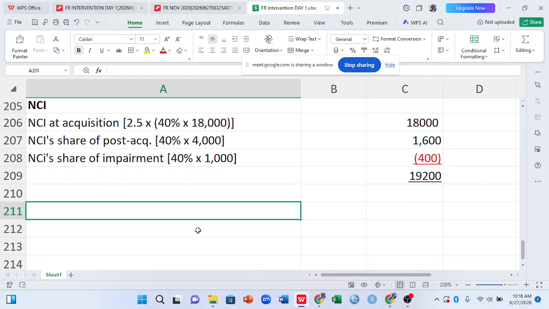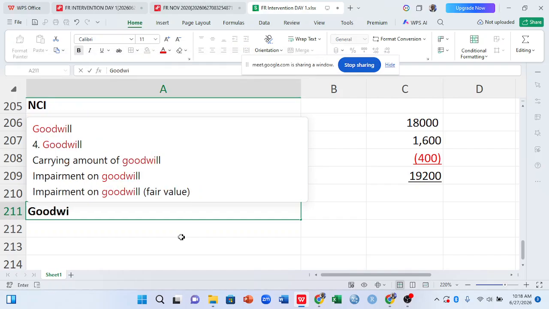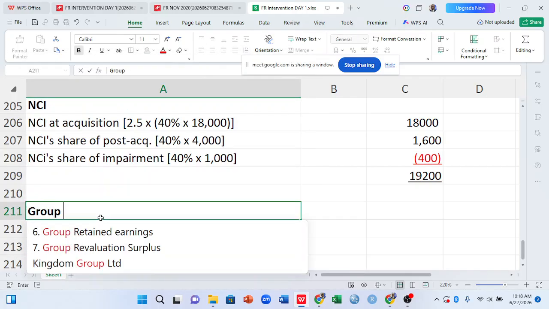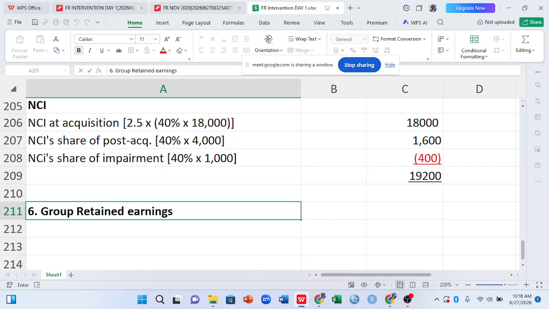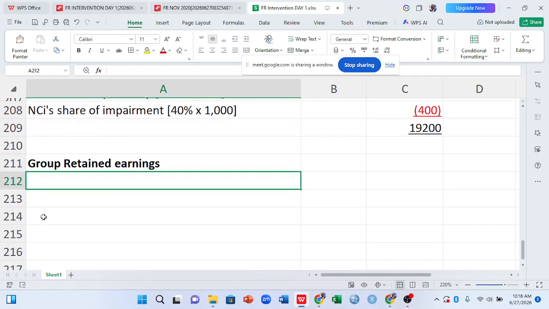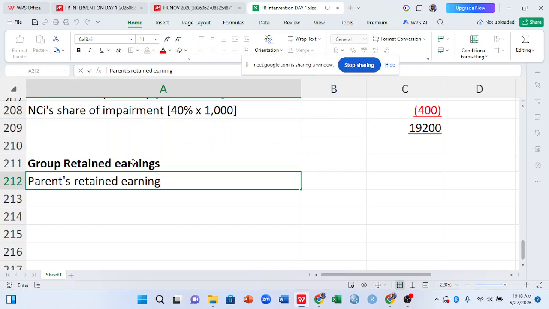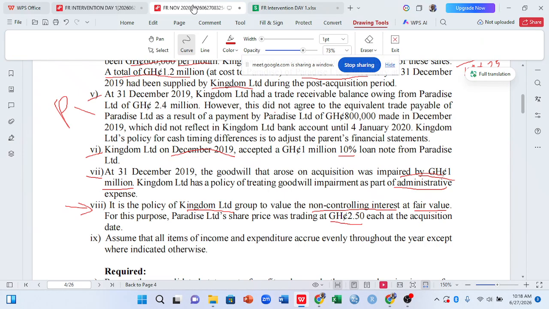Okay. Move to group retained earnings. Yes, please. Let me finish this one before you can continue. Okay. So with group retained earnings, first thing bring your parent's retained earnings.